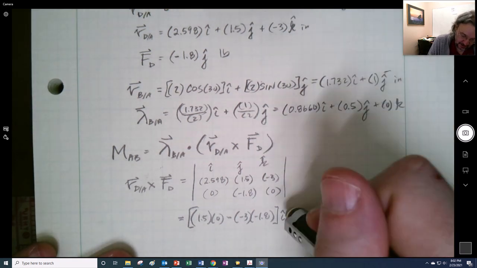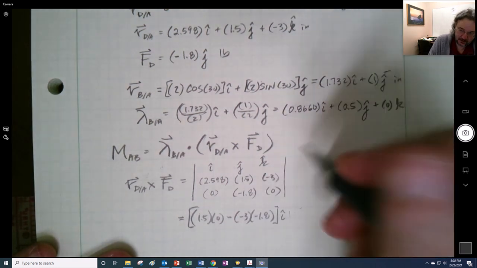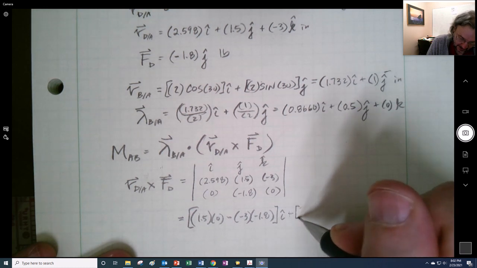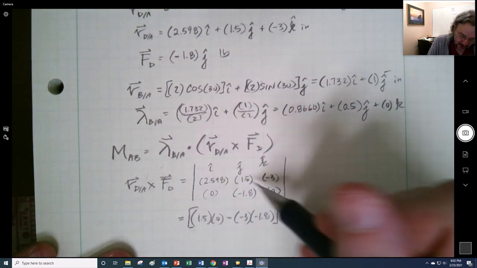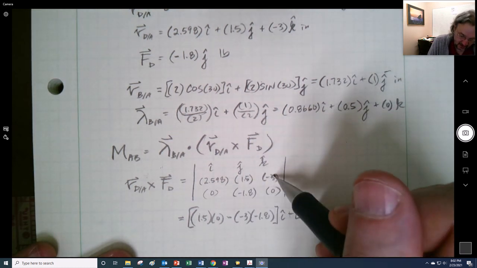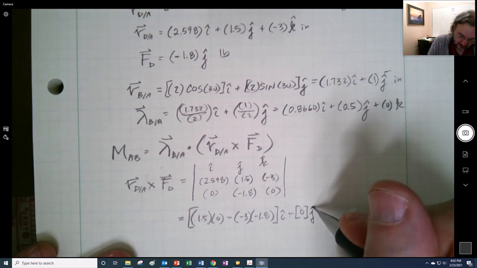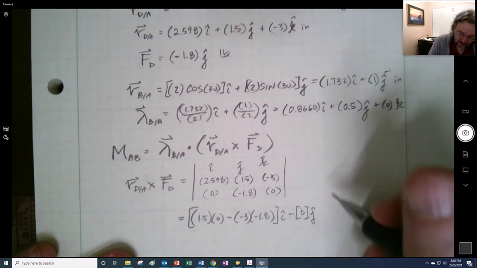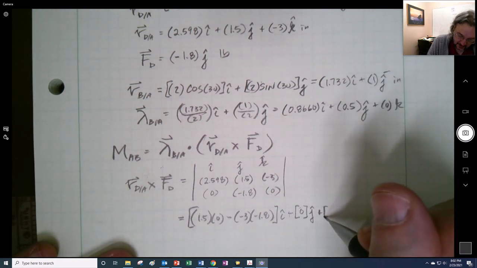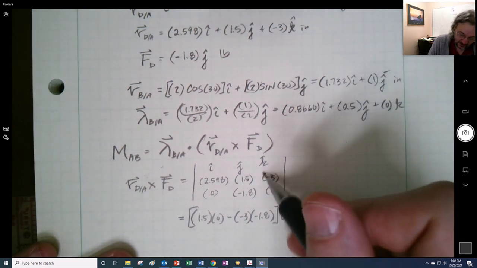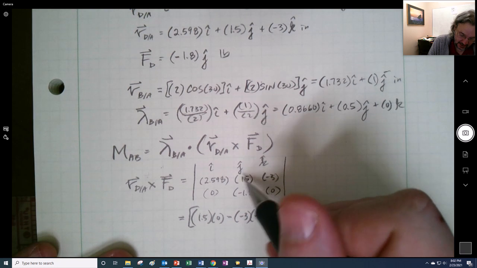Oh, now I always do this wrong. Minus, this minus in this next one. Minus, take the j, but we're going to cross that against a 0 and that against a 0. So that's going to be 0j right there, right? Now plus for k, right here, we're going to do that cross with that and that cross with that.